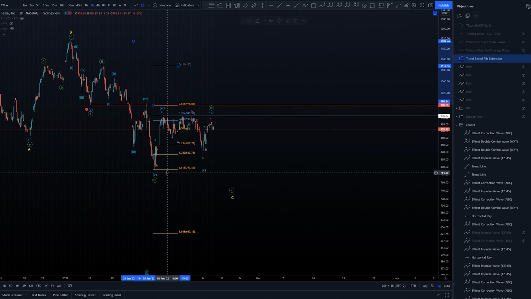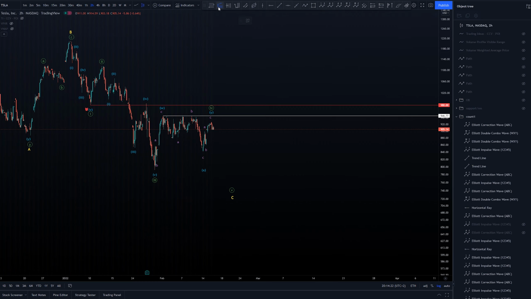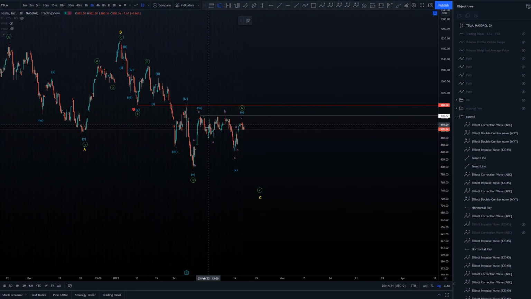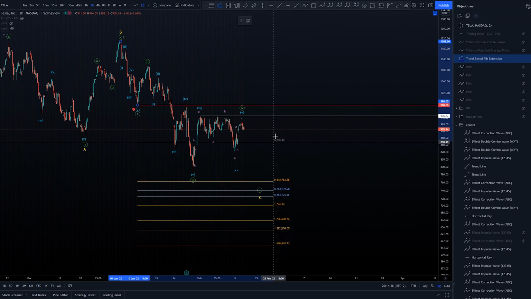It comes exactly to 1.618, which is good. So the only issue here is that neither the 1 nor the third has expanded.